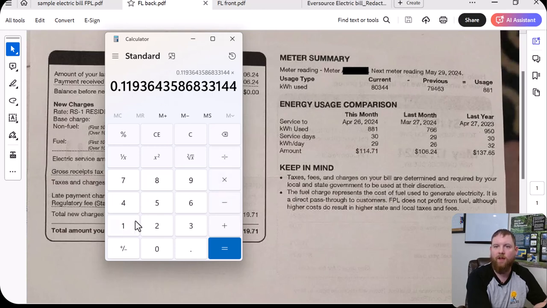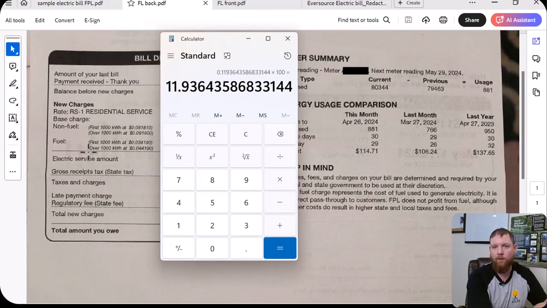So now we times that by 100 to figure out cents. So the total for the fuel and non-fuel usage on this electric bill is 11.93 cents per kilowatt hour as of May 2024 in Florida.